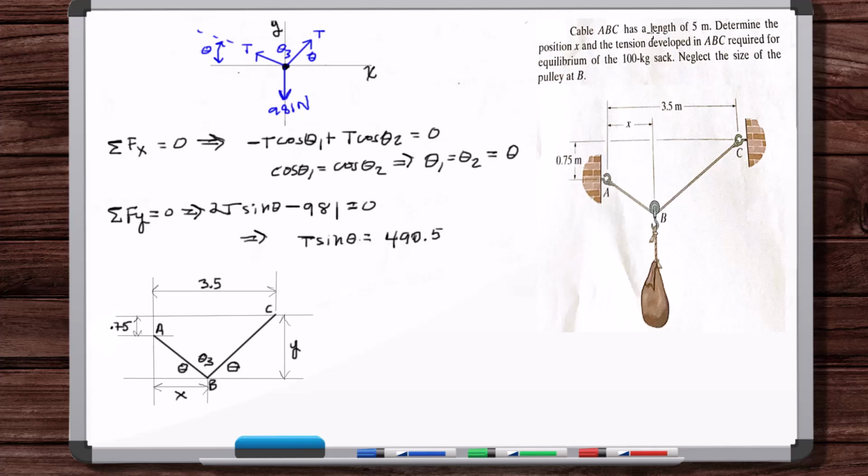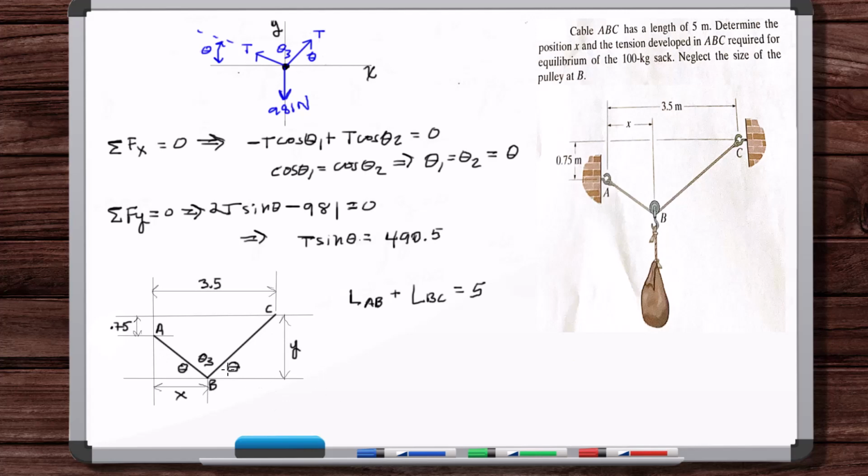Okay, so to get this extra equation that we need, most likely we're going to need to take advantage of this 5 meters here. We know that the length of AB plus the length of BC is 5 meters. So let's write that down. We know that LAB plus LBC is equal to 5. This is most likely where our extra equation is going to come from. So LAB, what is LAB?